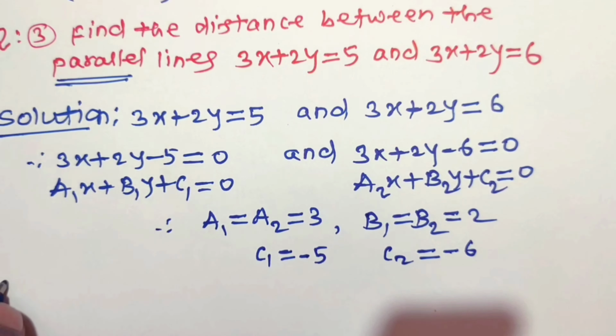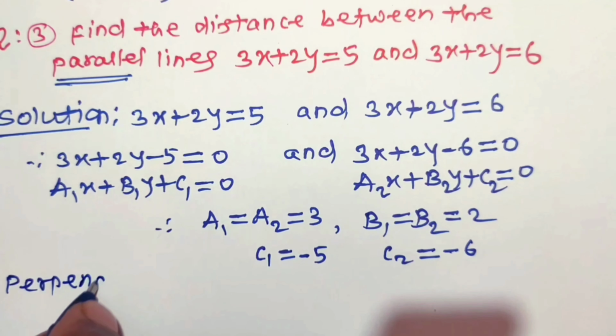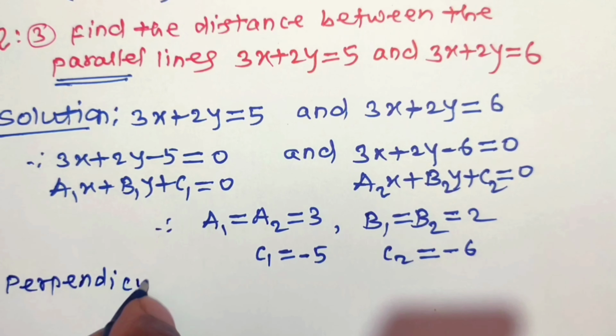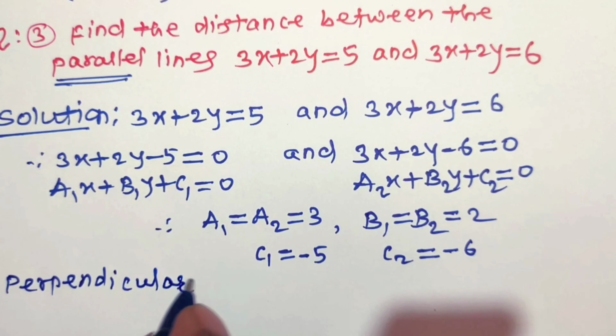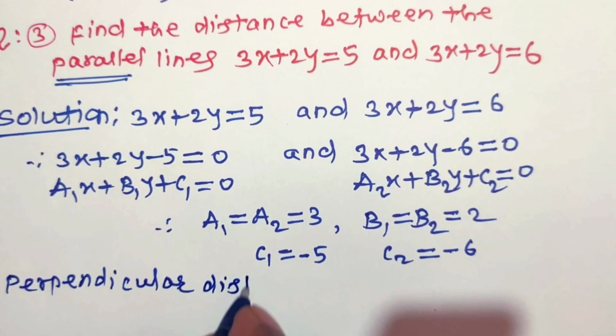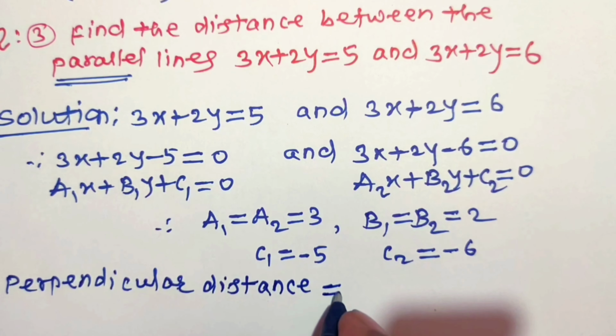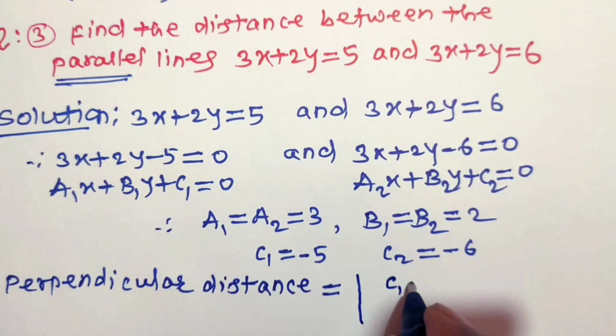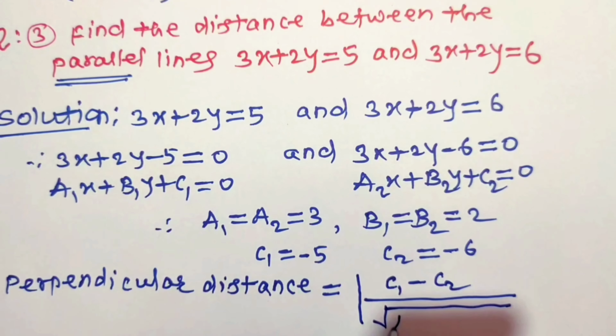Now the general formula for finding perpendicular distance between two parallel lines is given by, in modulus sign, c1 minus c2 divided by square root of a1 square plus b1 square.